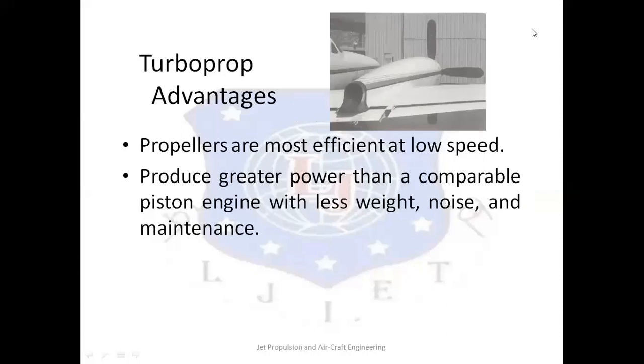Now let's discuss the advantages and disadvantages of the turboprop engine. In turboprop engines, propellers are more efficient at low speed. So we have an ability to employ such kind of engine in the aircraft which fly at the low speed, and it is more economical as well.